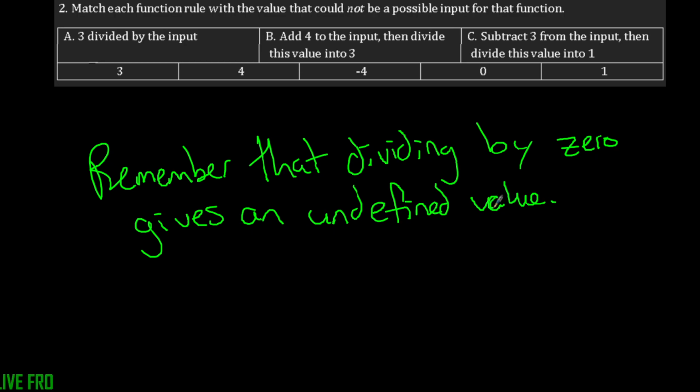So for right now, we're not going to divide by 0 because we're not able to. And that's what it actually talks about. So we're looking for the ones that are not possible inputs.